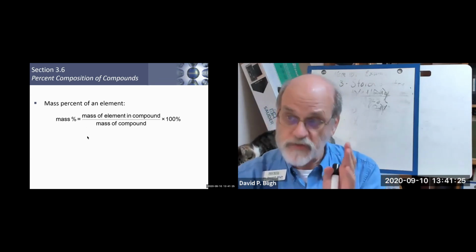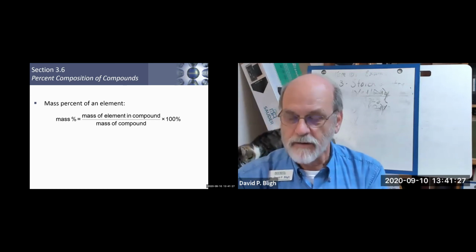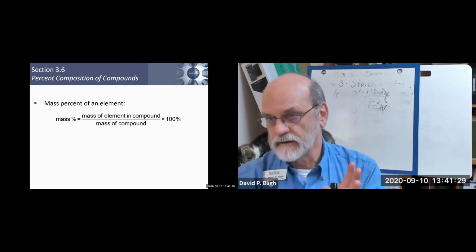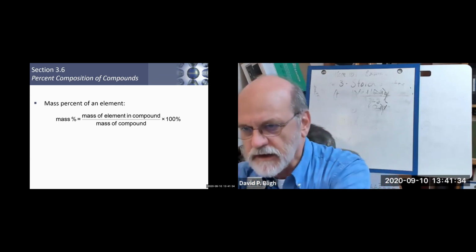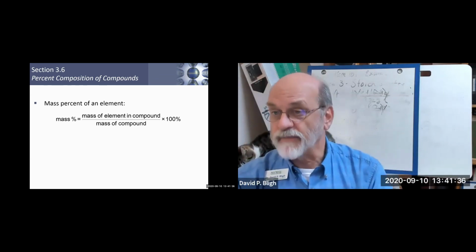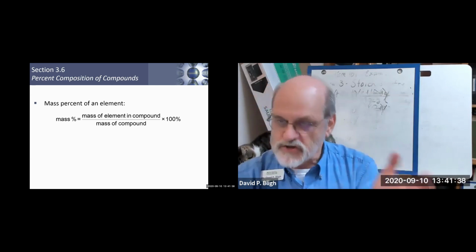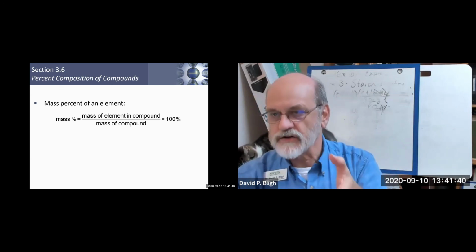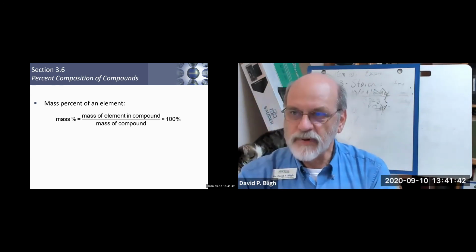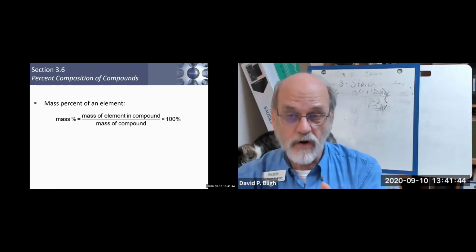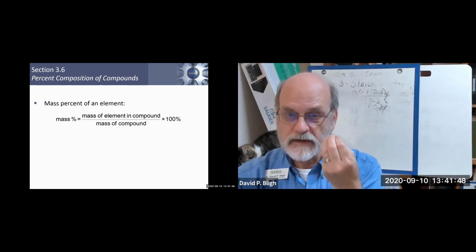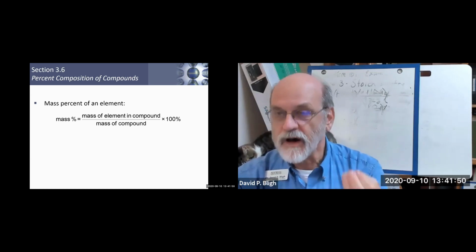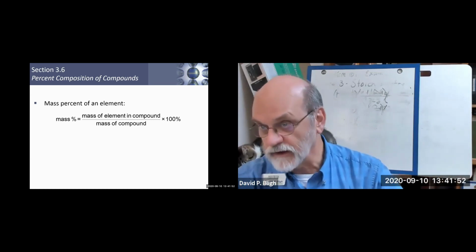Now it's what you do with that information that's important, because you can't stop there. Unless you already know the formula of the compound, yeah, you can stop there, and it's just a check on percentage by mass. But if it's a new compound and you don't know the molecular formula, then this is the first step on the way to determining the formula.